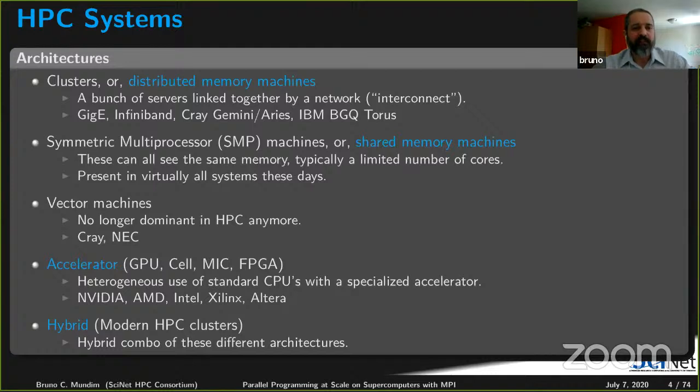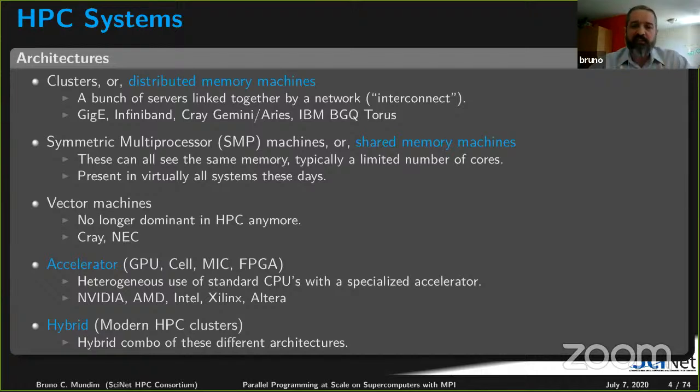You have worked with programming on shared memory machines, for example, the symmetric multiprocessor machine. On those machines, all the processes share the same memory, and it's typically a limited number of cores. Those were one of the first supercomputer machines.